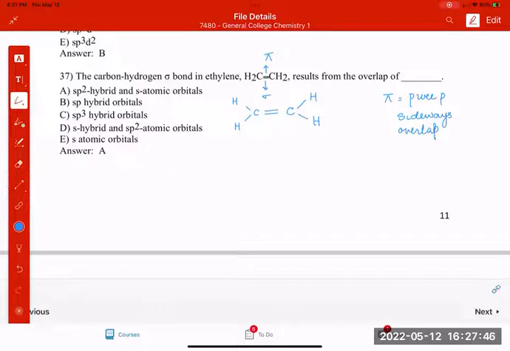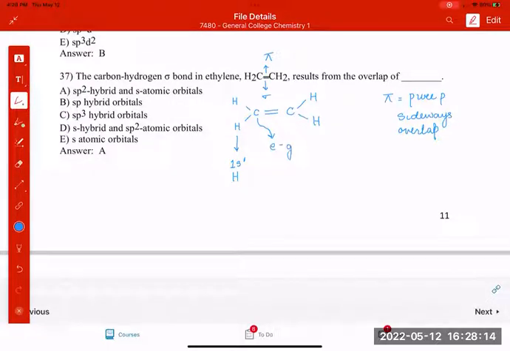All right. So in this case, the question is the carbon-hydrogen sigma bond in ethylene results from the overlap of what? Hydrogen is obviously bringing the s orbital, the 1s1. But carbon, what is the hybridization in carbon? How many electron groups on carbon?